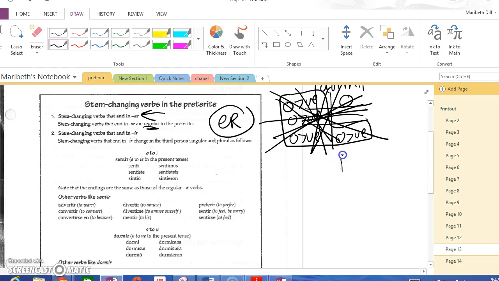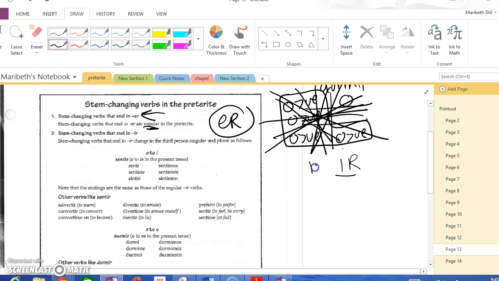So ask yourself, does it end in IR? Because if it doesn't, it's not going to do what we're talking about. It's going to do a normal thing, or maybe it's irregular, but it is not a stem changer.